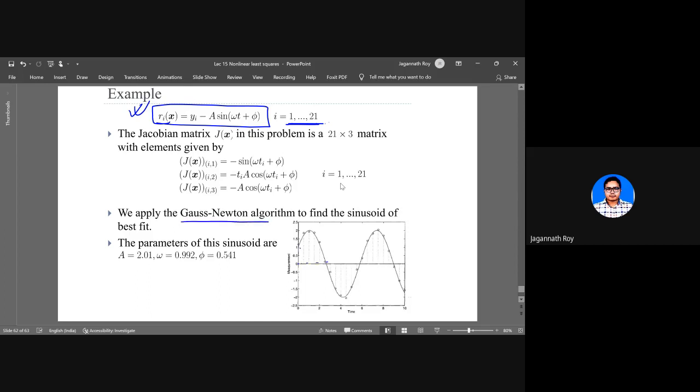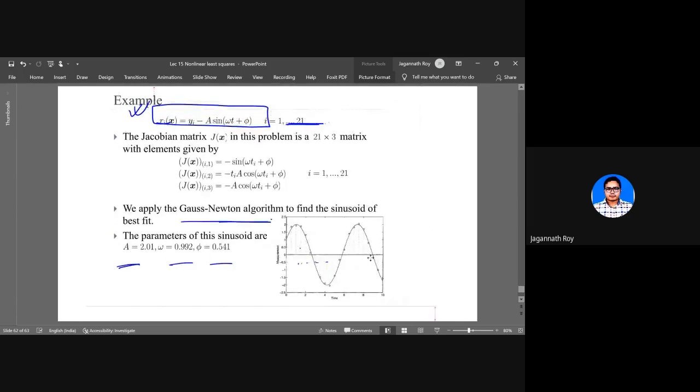So we'll use this Gauss-Newton algorithm to find out the values. I'll share one PDF where MATLAB codes are given. So you just have to do the debugging. According to the problem, you have to set up the codes.